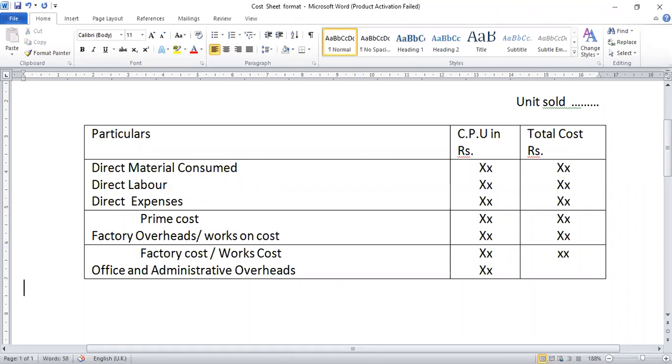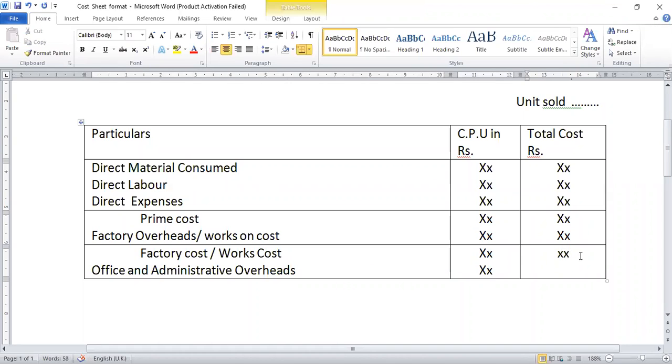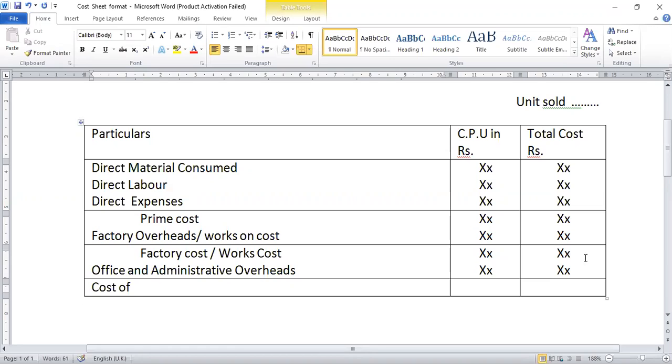So after adding office and administrative overheads, we will get cost of production. Okay. This will be your cost of production.